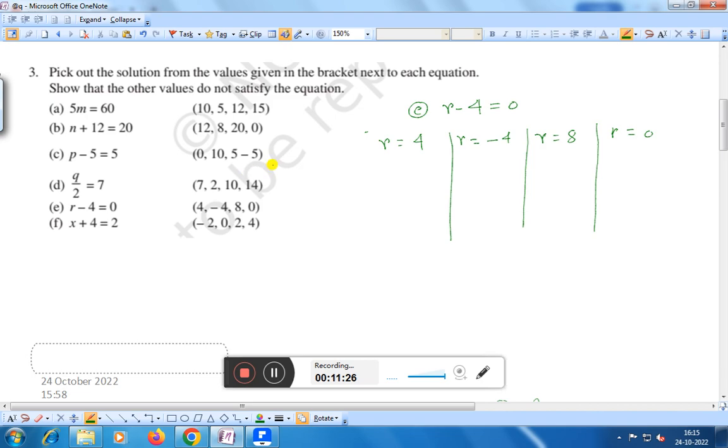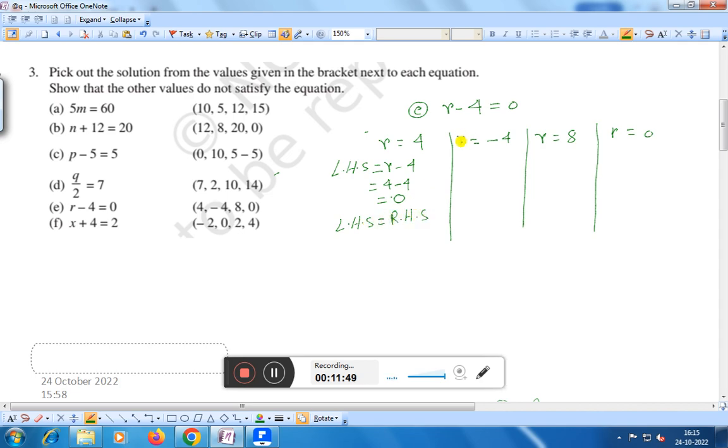Therefore in case of first case, r equal to 4, we can write LHS is equal to r minus 4. The value of r is 4, that is 4 minus 4 equal to 0, and that is equal to right hand side. Therefore left hand side is equal to right hand side.